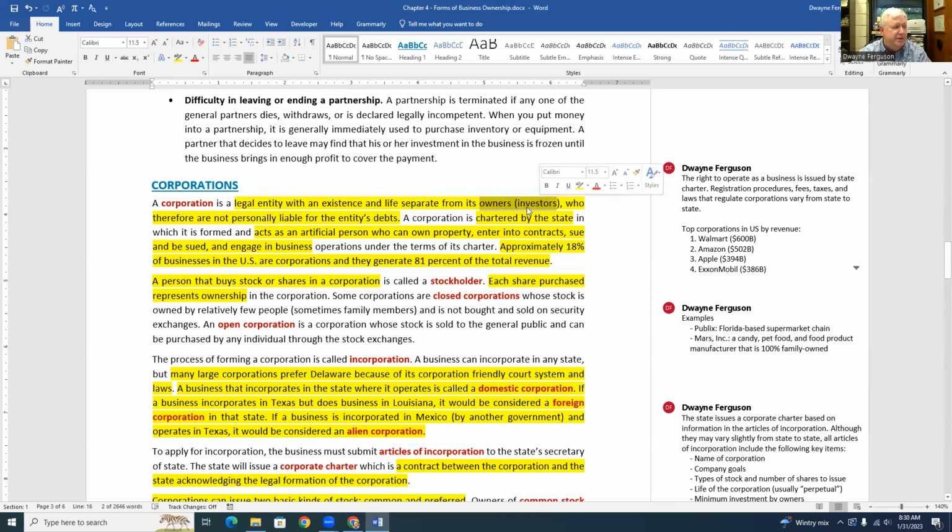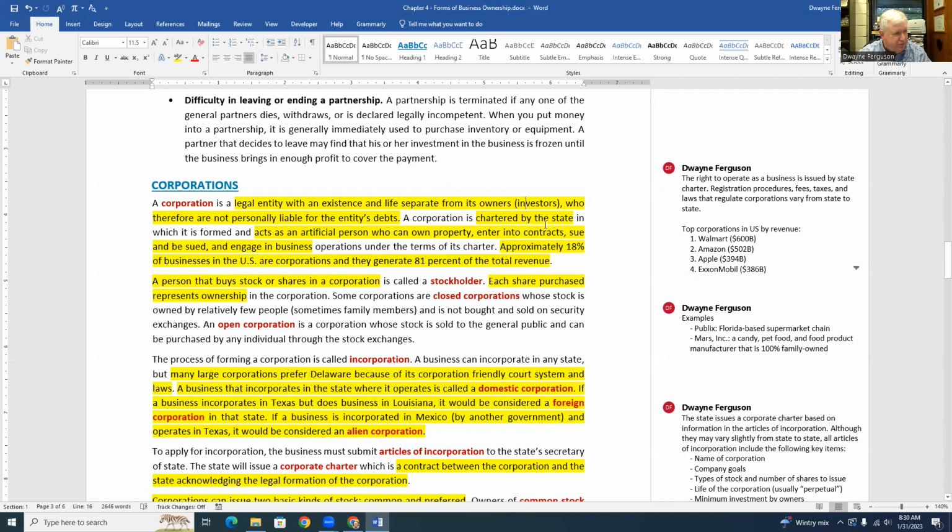And so if a company goes bankrupt, if a company is sued, the investors are not going to lose any more than what they invested. So if they invested $5,000, if they bought $5,000 worth of stock, that's the most they could lose.